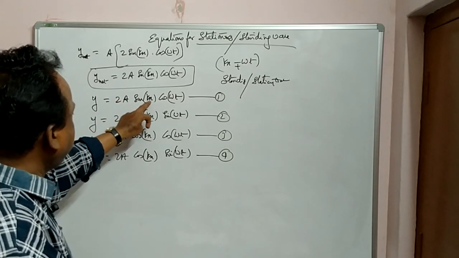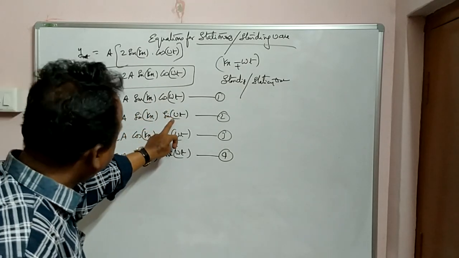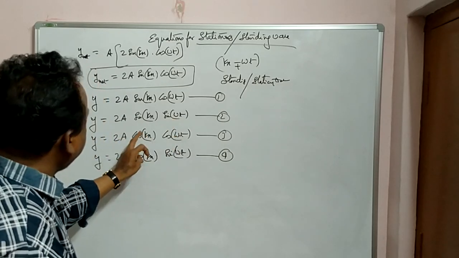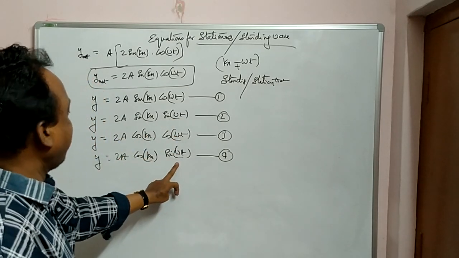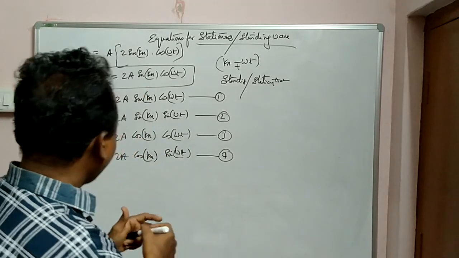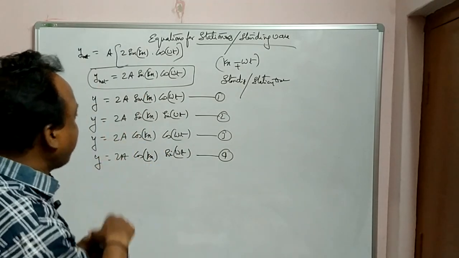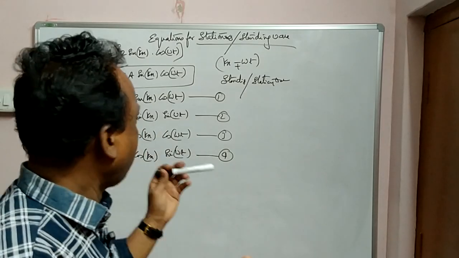In any way you can write either cos kx sin omega t, cos kx cos omega t, sin kx sin omega t, also sin kx cos omega t.